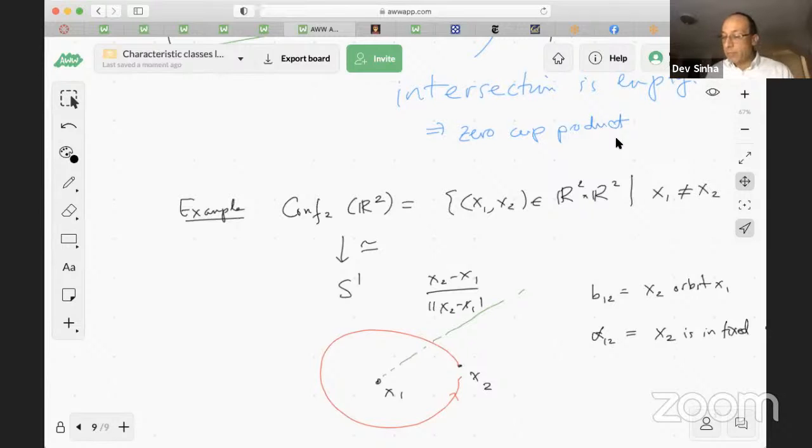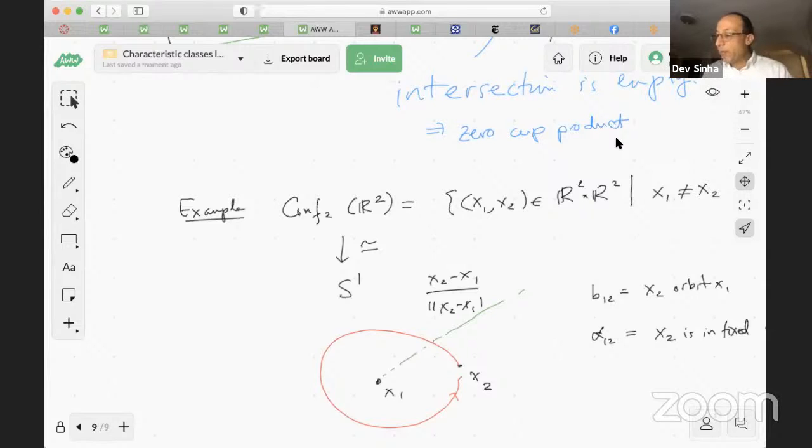And then the exercise is to get this for configurations of 3 points in the plane. It's got a few parts. First, you'll need to use Mayer-Vietoris for intersections.